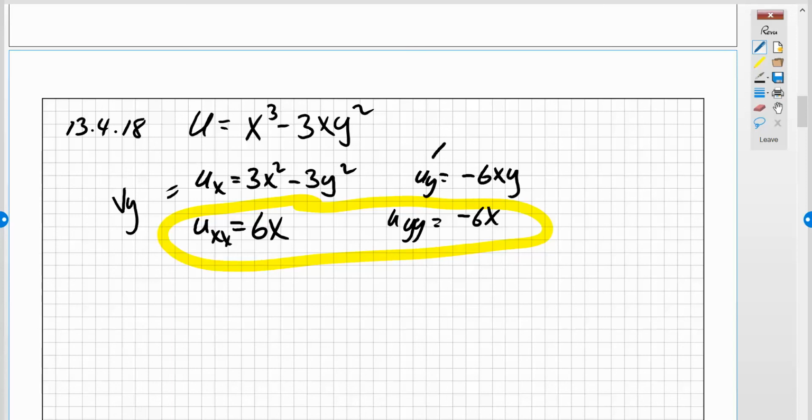and this is also vx with a minus sign in front of it, minus vx.